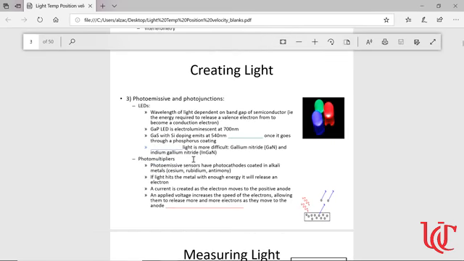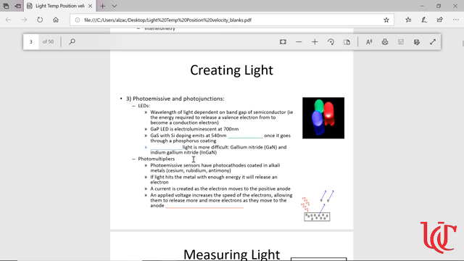In creating light, we just said an LED is a light-emitting diode. What wavelength of light, or color of light, they emit is dependent upon what's called the band gap of their semiconductor, i.e. what energy is required to release a valence electron to become a conduction electron. All atoms have valence electrons they like to keep in their orbit and shell.